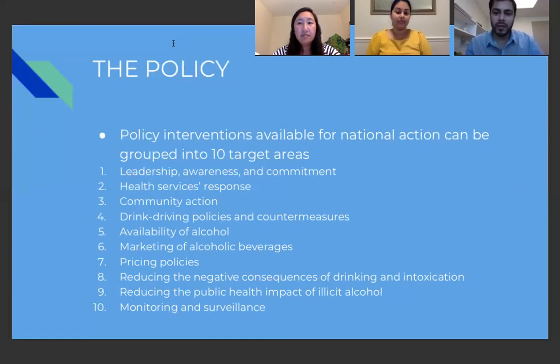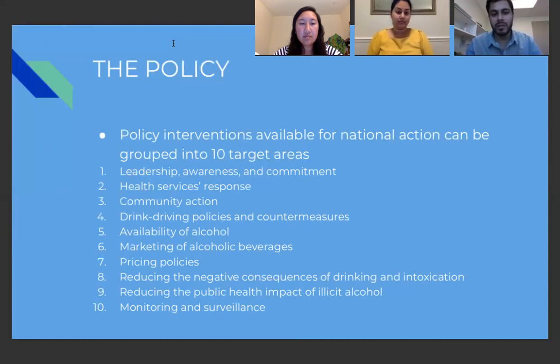Policy interventions available for national action can be grouped into 10 target areas. Number 1, leadership, awareness, and commitment. Number 2, health services response. Number 3, community action. Number 4, drink driving policies and countermeasures. Number 5, availability of alcohol.